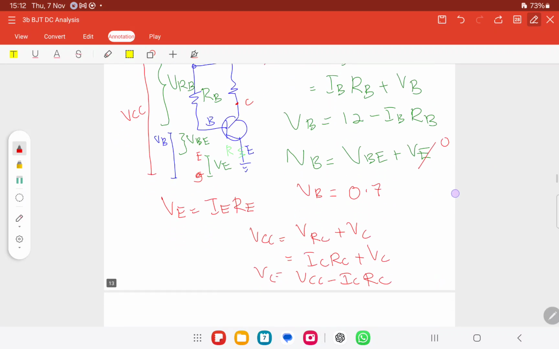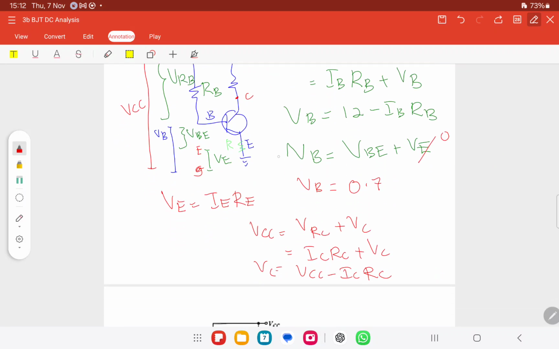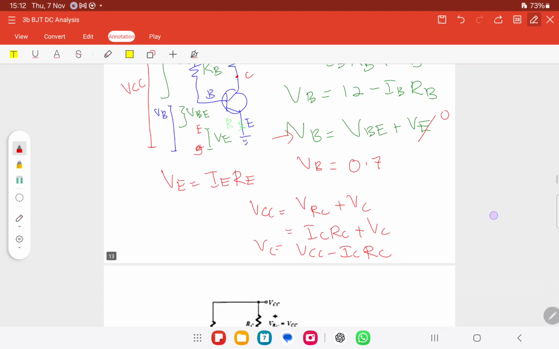Sama macam tadi lah. Kalau kita nak guna cara ni pula, VC equals VCE plus VE. Kalau VE 0, then VC equals VCE. Okay?